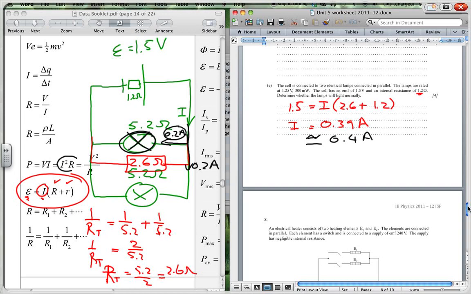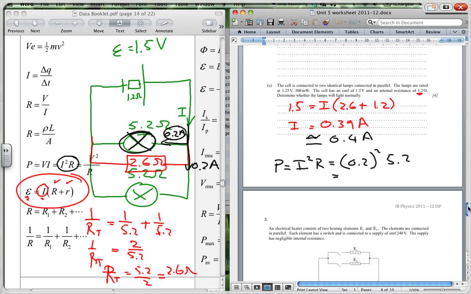I've got my I squared R. I can work with that. I'm going to get my power is equal to I squared R. So it's going to be 0.2 squared times the 5.2, and that will give me the power that I'll actually be using for this filament lamp.